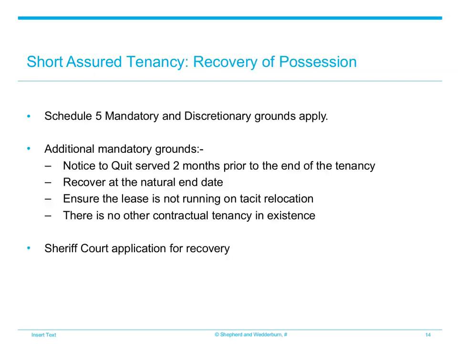So how then can we recover possession of an SAT? Recovery of possession can happen automatically at the end of the agreed term, provided that the landlord has given notice that they intend to terminate the lease. Now, there's no statutory notice to quit for a short assured tenancy governed by the 1988 Act.